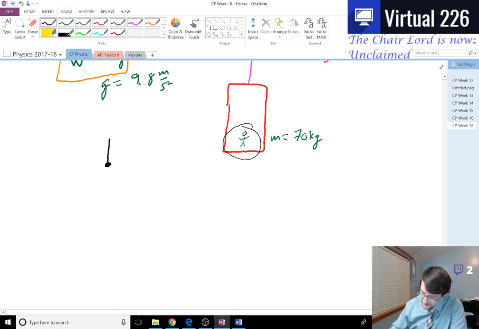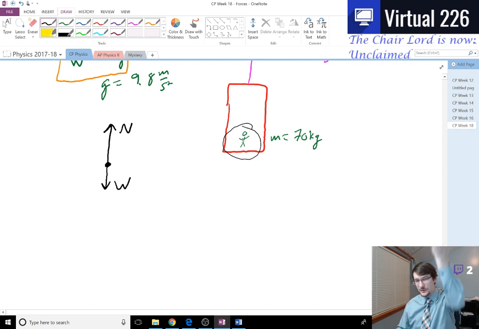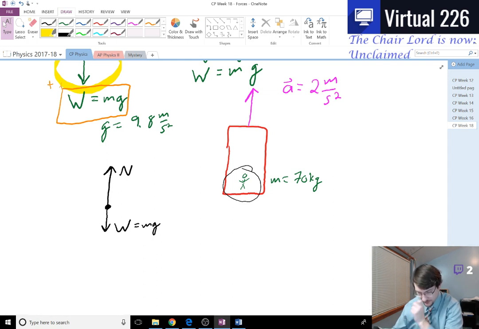You have a normal force pulling up, that's what's causing you to accelerate, and you have your weight acting down. Notice I drew weight a little shorter than the normal force because you need to accelerate upwards, and your weight here equals mg. In this case, your normal force doesn't equal mg because we're also accelerating upwards.